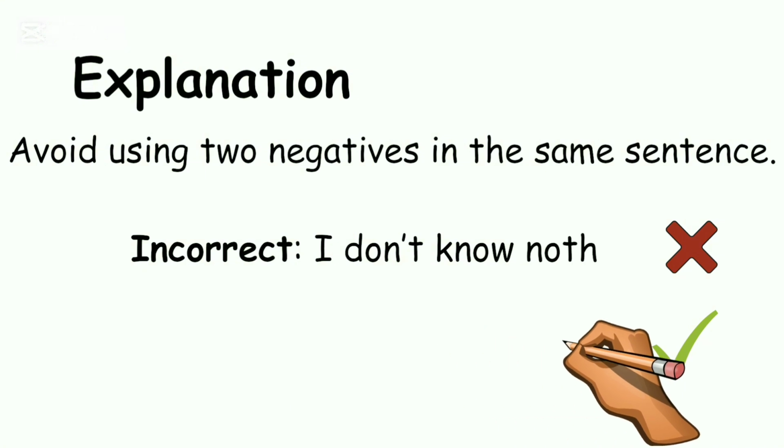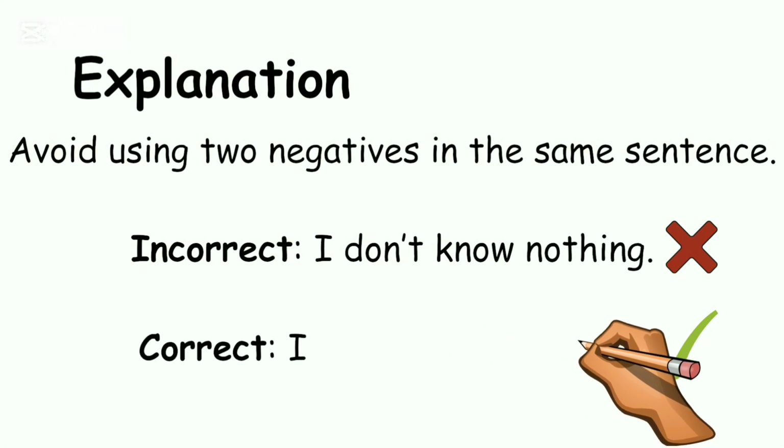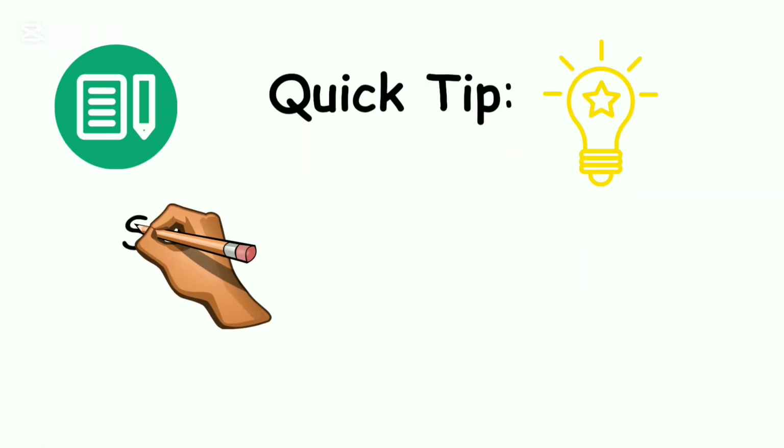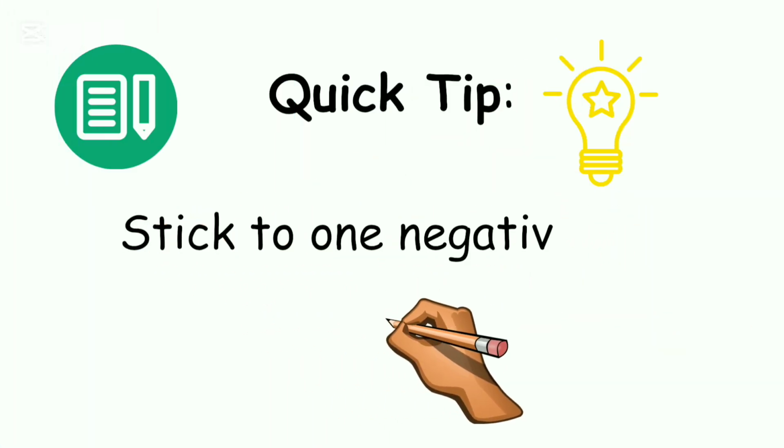Instead, say, I don't know anything. Stick to one negative per sentence to keep things clear.